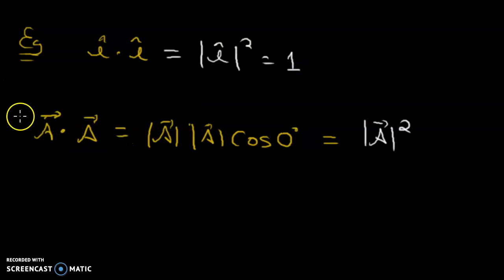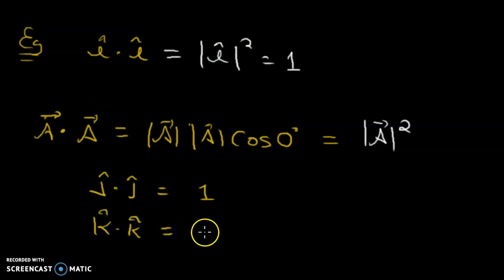What is the dot product of j cap dot j cap? Again 1. What is k cap dot k cap? Both are unit vectors, and the magnitude of k cap squared is again 1. And if I ask you what is i cap dot j cap, in this case it would be 0, because the angle between i cap and j cap, the x-axis and y-axis, is 90.